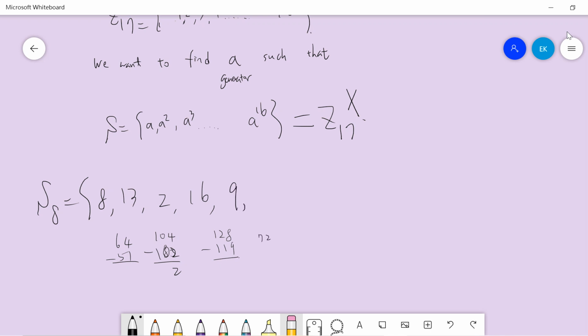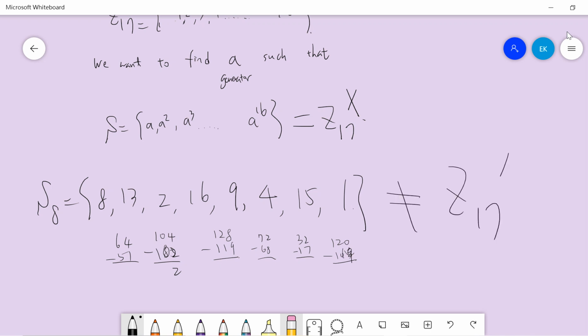And 9 times 8 is 72, modulo 17 is 4. 4 times 8 is 32, modulo 17 is 15. 15 times 8 is 120, modulo 17 is 1. Right, so it's game over. This is not the whole group.